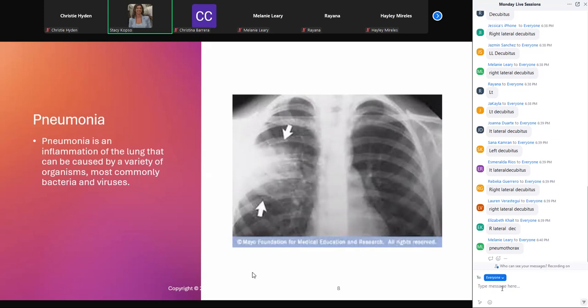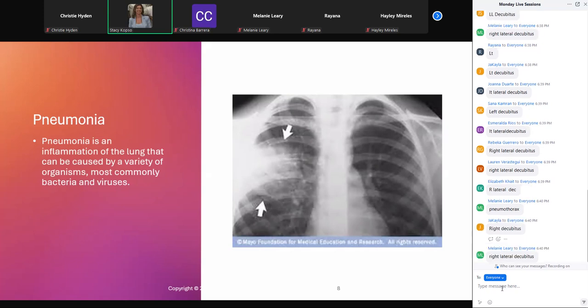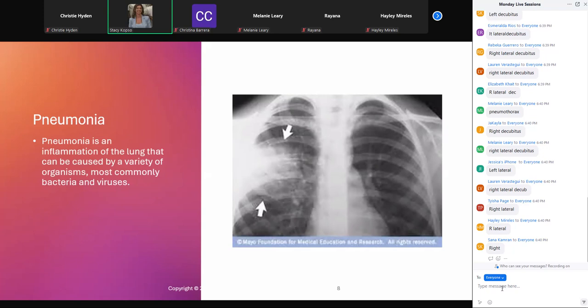If it is a left pneumothorax, which decubitus are we doing? Go ahead and put yourself in the chat there with the answer. Yep, so we want the left side up, which means we are now in our right lateral decubitus.